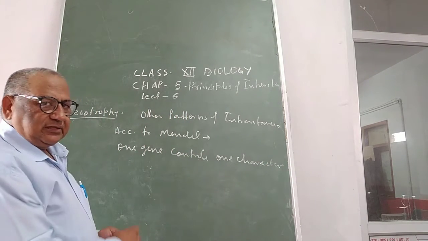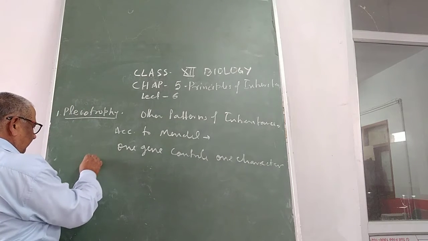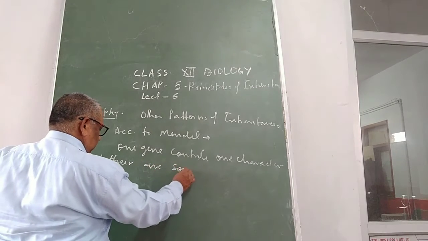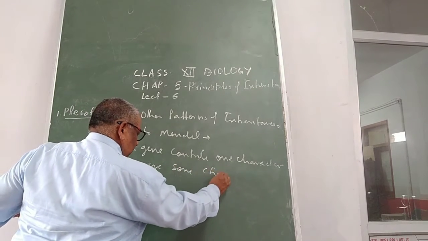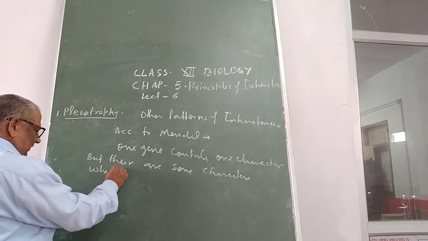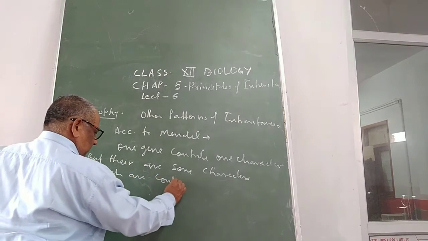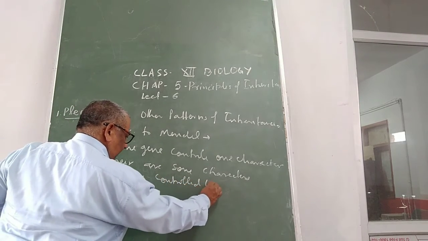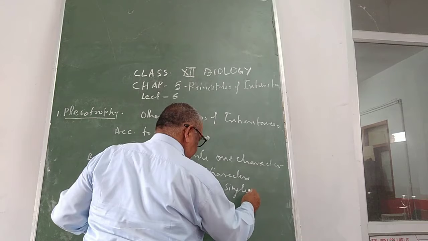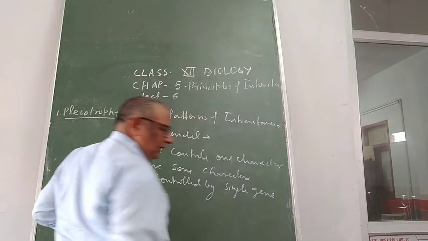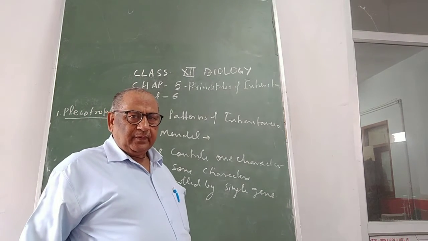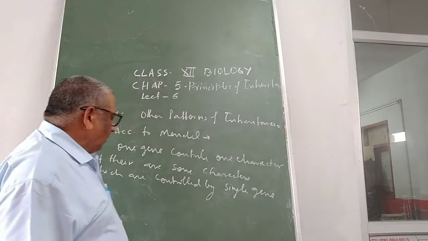But there are some characters which are controlled by a single gene. This phenomenon is called pleiotropy. Pleiotropy means more than one character controlled by one gene.